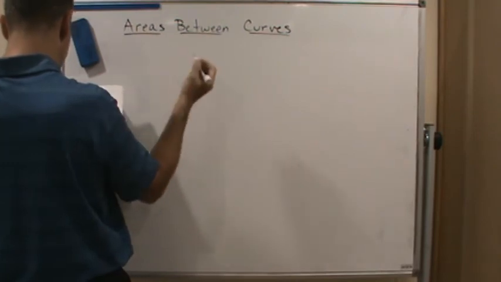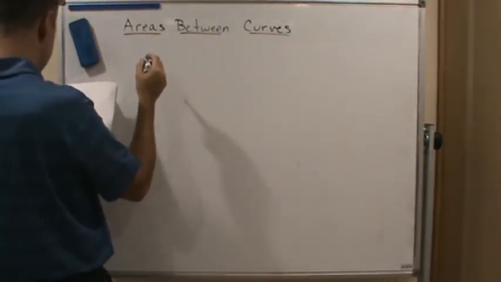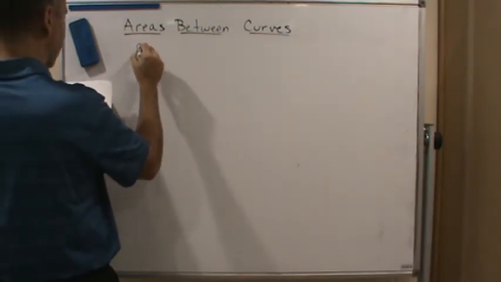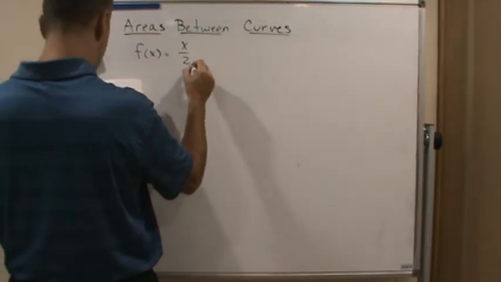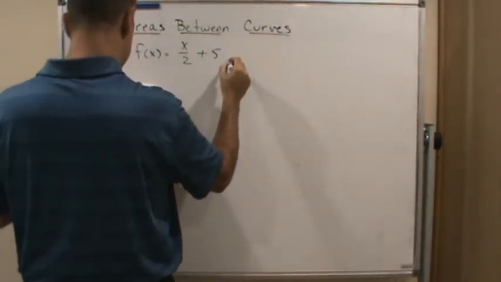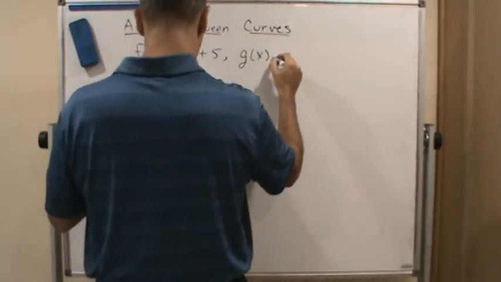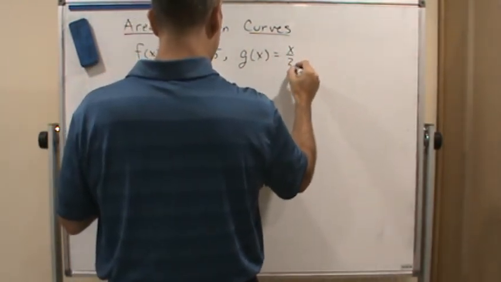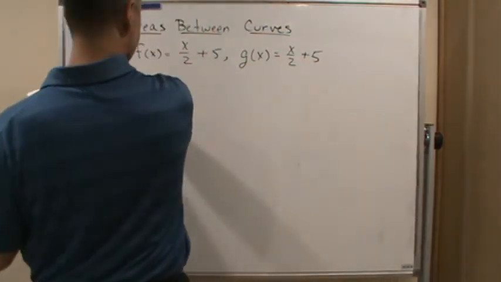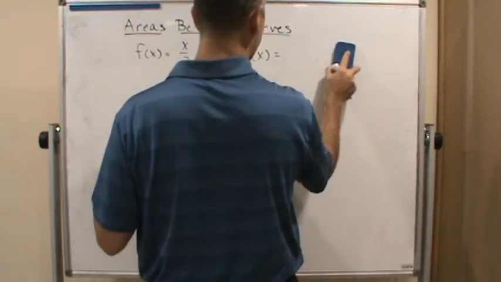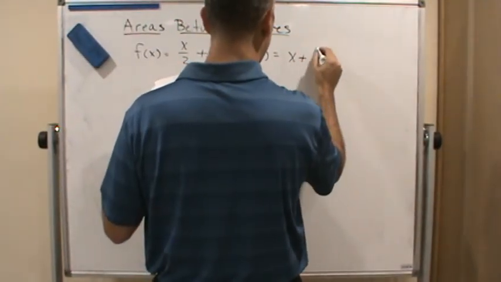So let's say we want another bounded region R, and let's say R is bounded by the graphs f of x equals x squared plus 5, and g of x equals x plus 1 over 2. Oh, wrong one, I was looking at the wrong function here.